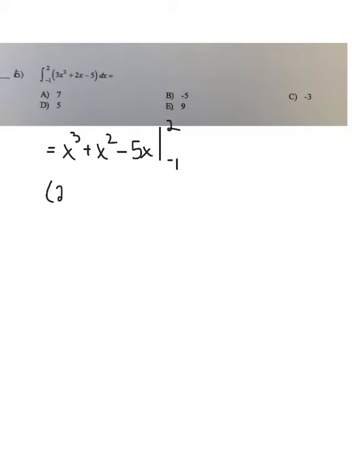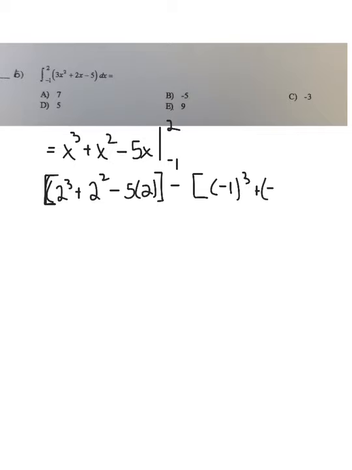So we're going to do 2 cubed plus 2 squared minus 5 times 2. Let's make that a brackety thing so we don't get confused. Minus, now let's plug in -1. Cube it, -1. Square it, minus 5 times -1.